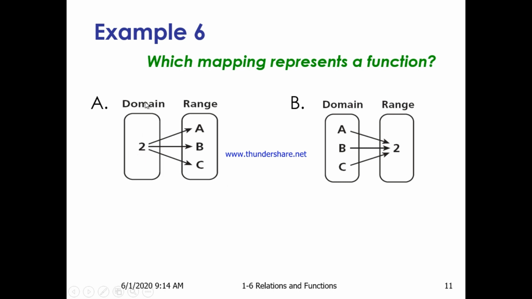Try to observe letter A. There's only one element in the domain, which is 2. 2 is paired to A, 2 is paired to B, 2 is paired to C. So, 2 is paired thrice, katulo. While in B, A is paired to 2, B is paired to 2, and C is paired to 2. So, each element in the domain is only paired once to the range, even if ang range is kausaran abo. So, which of these two examples is a function? The answer is letter B.